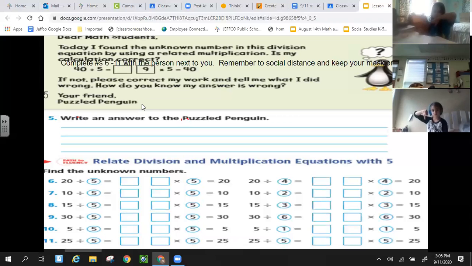Count by 5s. 5, 10, 15, 20, 25. Stand up if you thought he was wrong. Stay standing if you can explain why he's wrong in words. It's a little tough, isn't it?